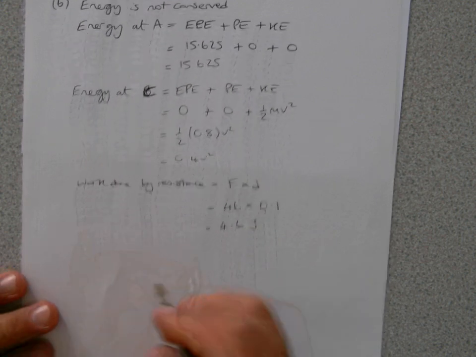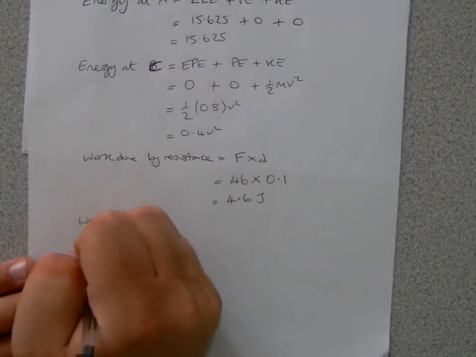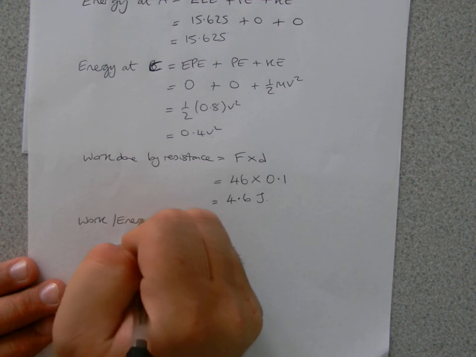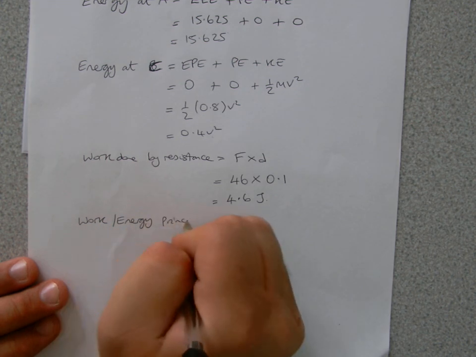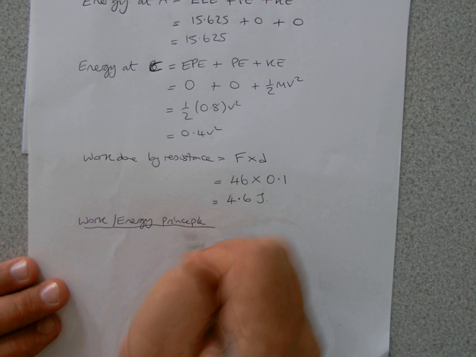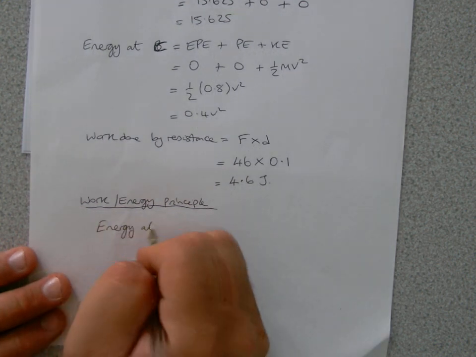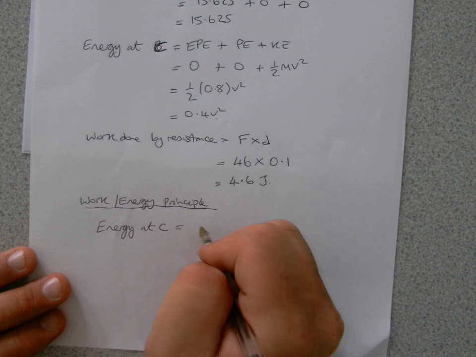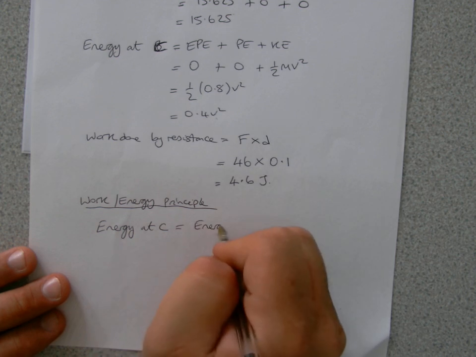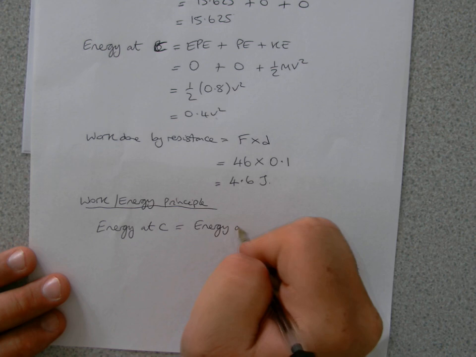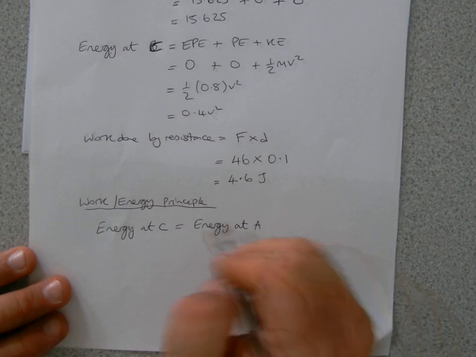So I can write down the work energy principle. The energy at C is not quite equal to the energy at A, is it? We can't say that because energy is not conserved.